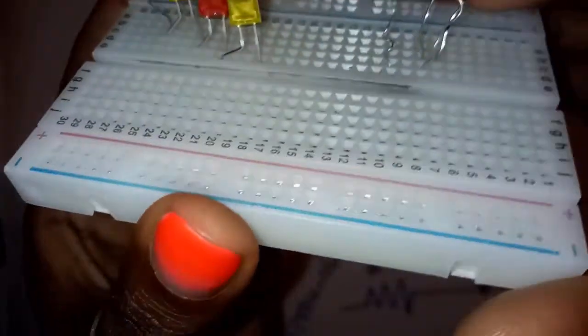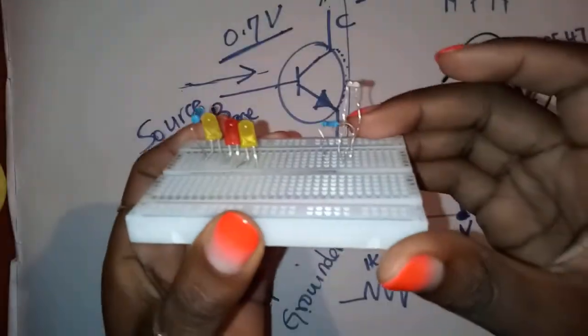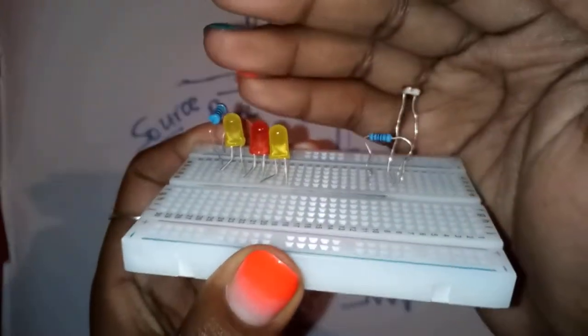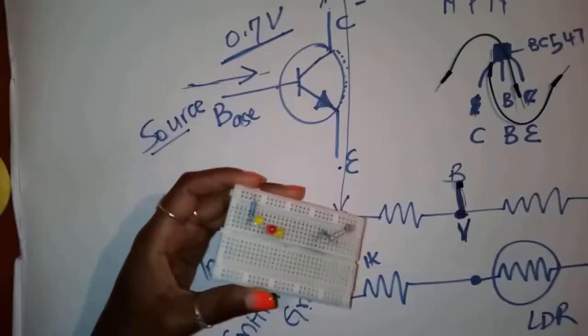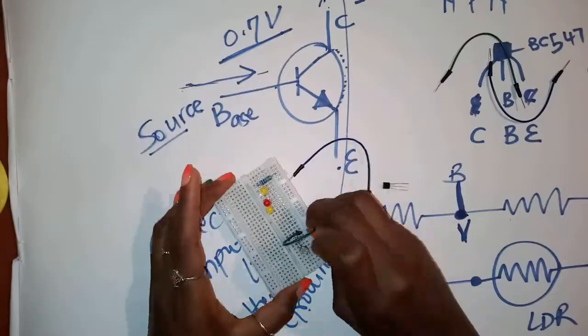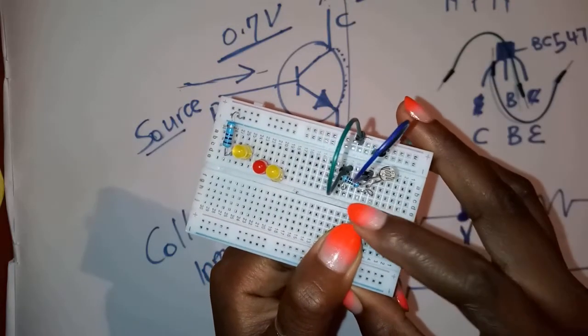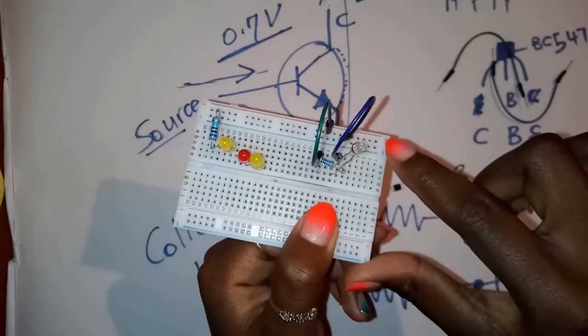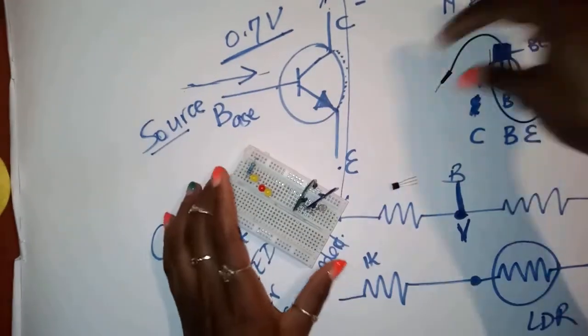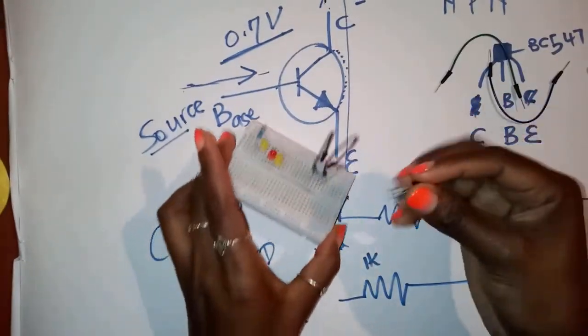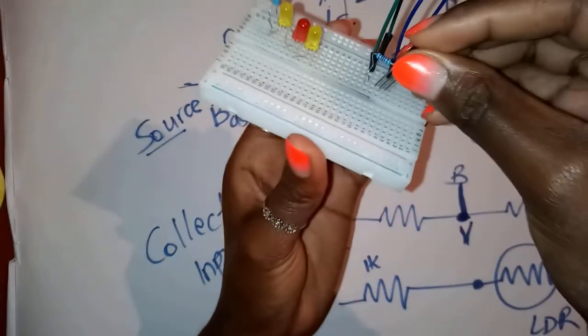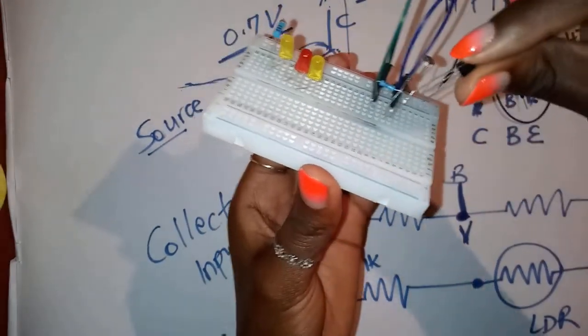So there it is. Sorry, I've connected them in series, then I connect them to a source. So the LDR goes to the negative rail, the resistor goes to the positive rail, and then the base is the middle one.